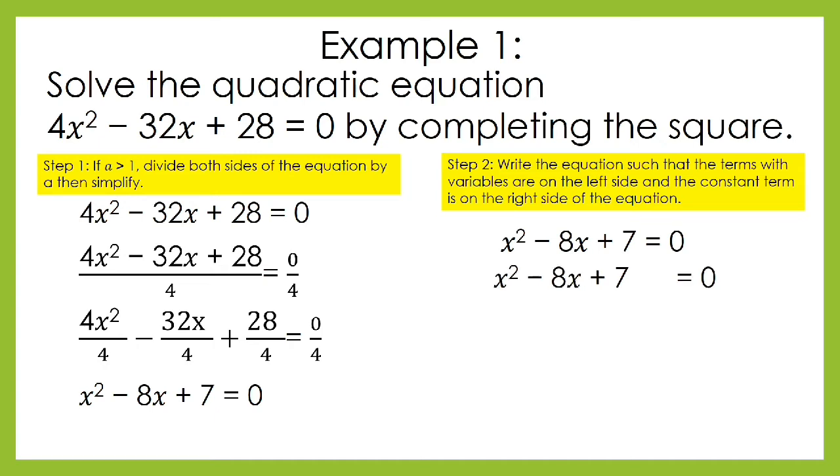We will apply the addition property of equality. So we will add negative 7 to both sides of the equation. We have now x squared minus 8x plus 7 minus 7 equals 0 minus 7. Simplify. X squared minus 8x equals negative 7. That is now our new equation.